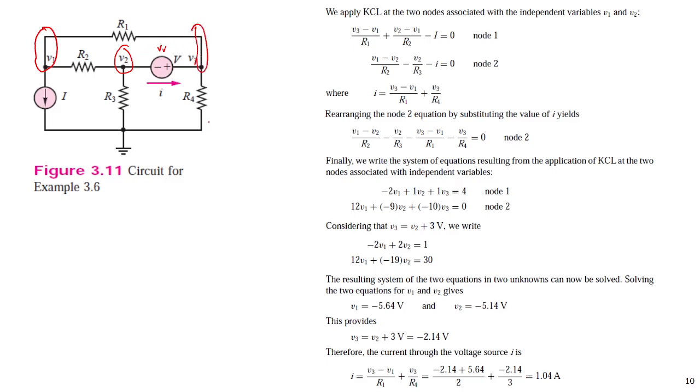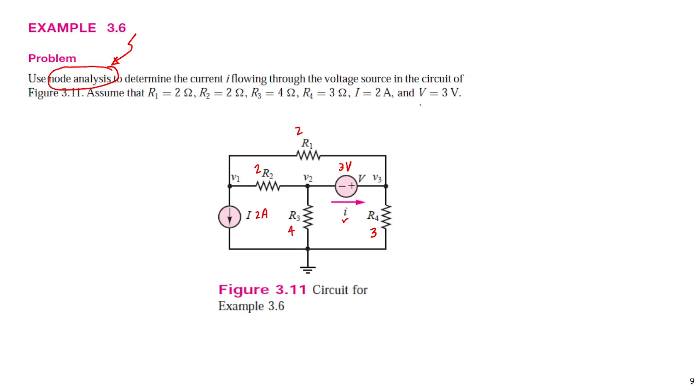The difference between V3 and V2 is 3 volt, so if we know V2, then we know V3, or if we know V3, we know V2 also, because V3 minus V2 is 3 volt.